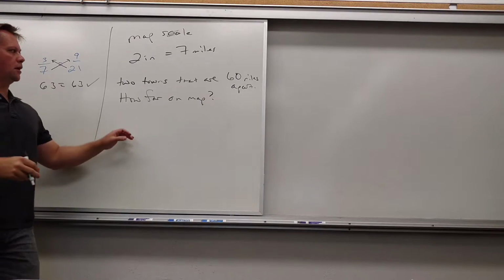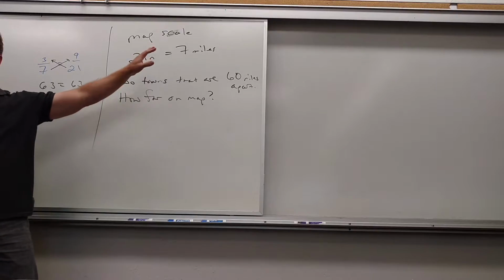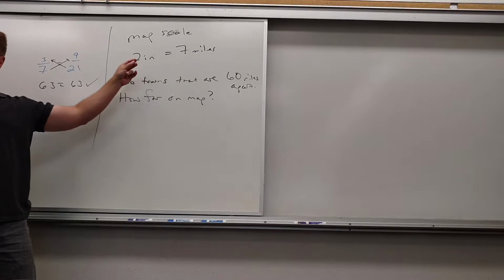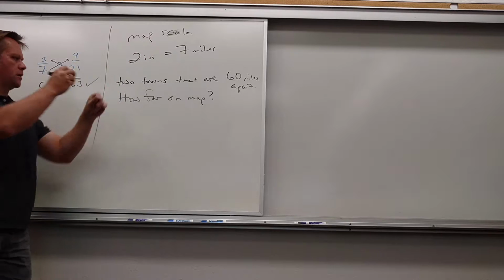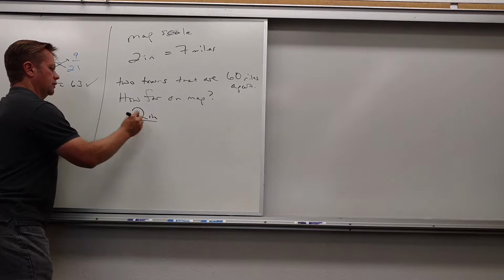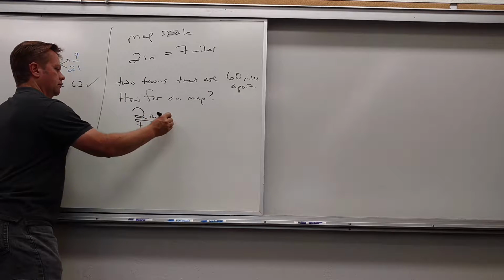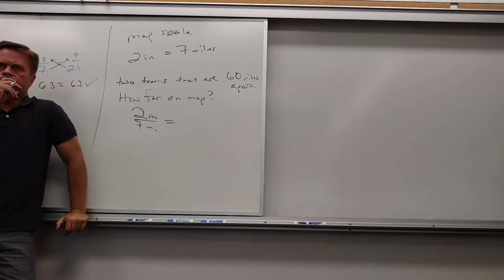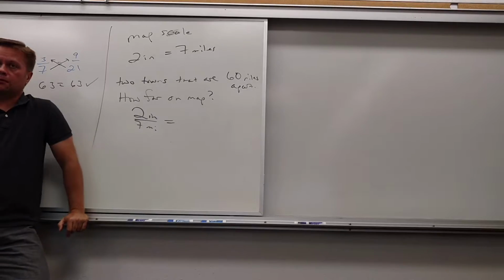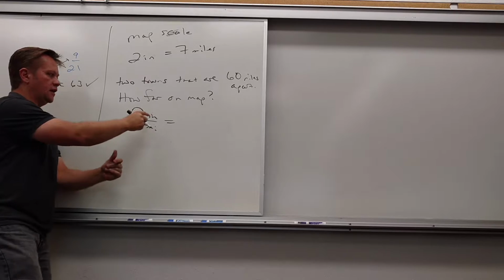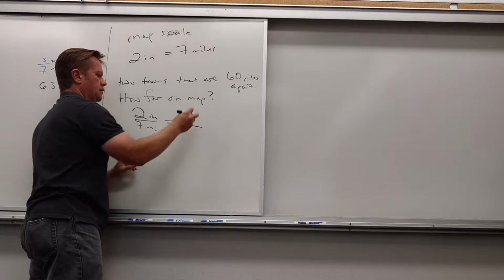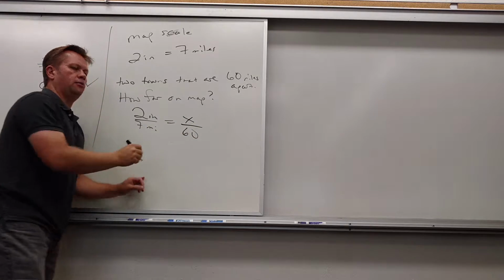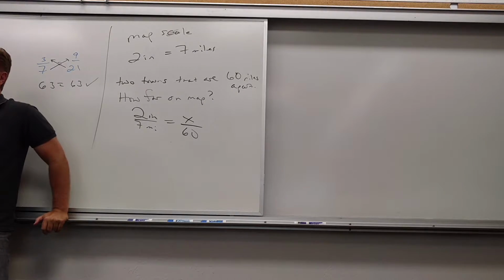So what ratios can you set up? On the map, every 2 inches is 7 miles. So for every 2 inches on the map, that's 7 miles in reality. You have to put things in the right place. I've set up inches on top, miles on the bottom. So I have 60 miles, and I don't know how far apart that would be on the map.